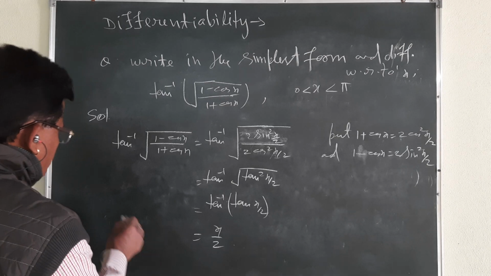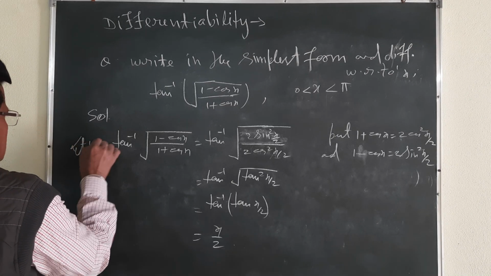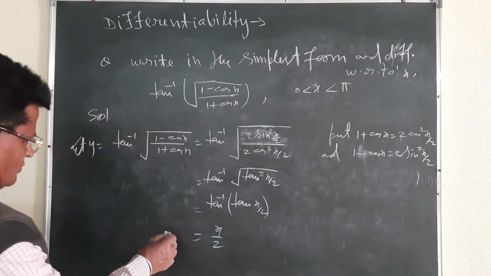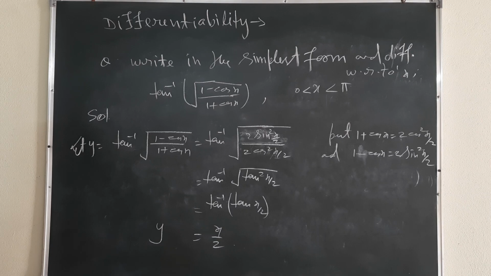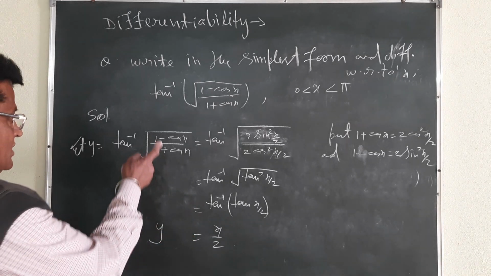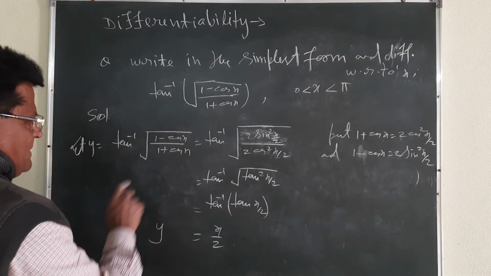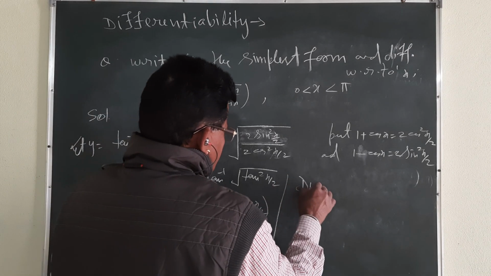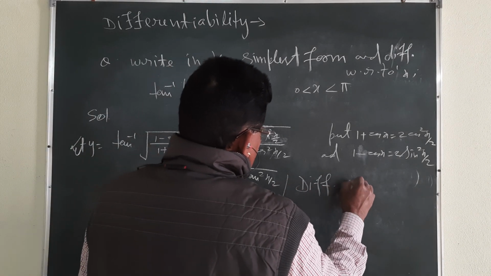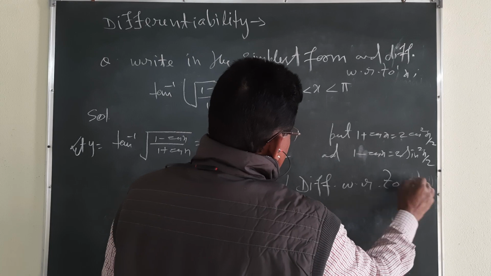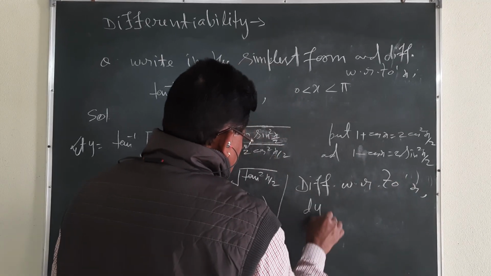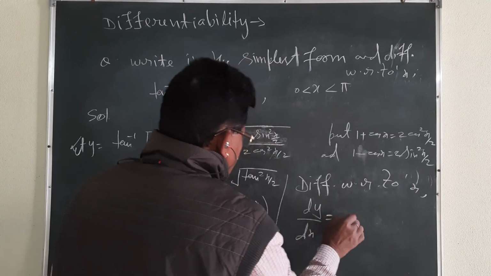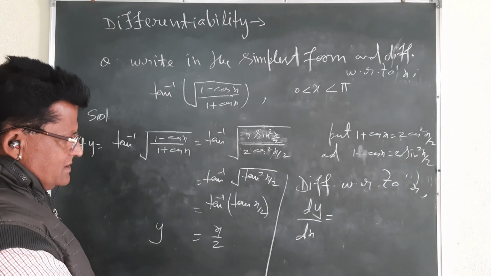Let's suppose this is y, and y is equal to this one. You will have to differentiate this with respect to x. How will you differentiate? Let me differentiate with respect to x: dy upon dx.